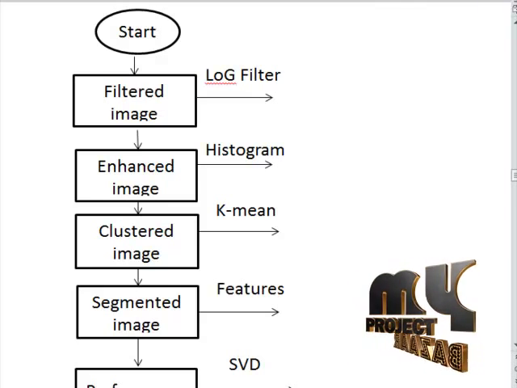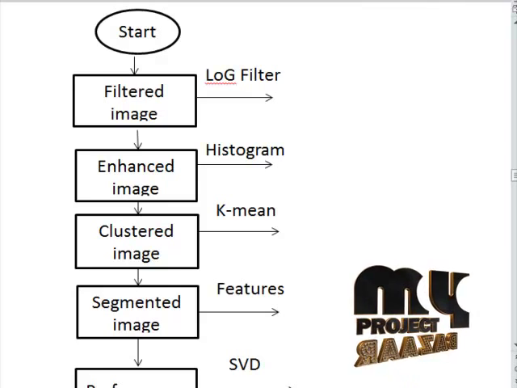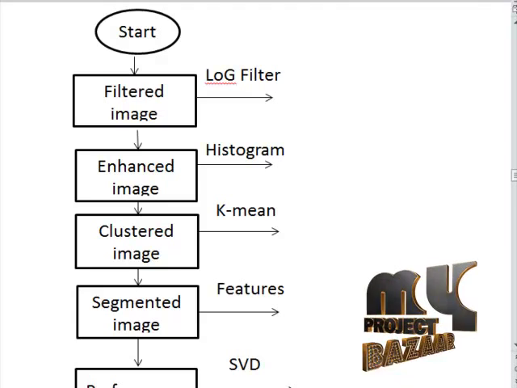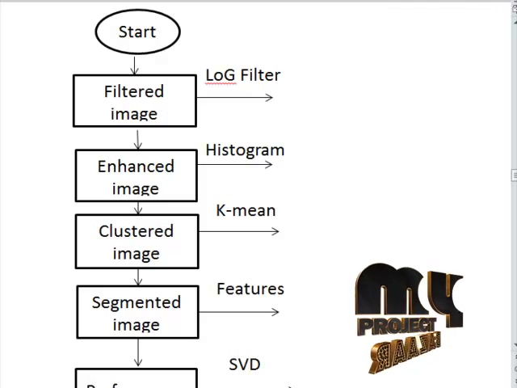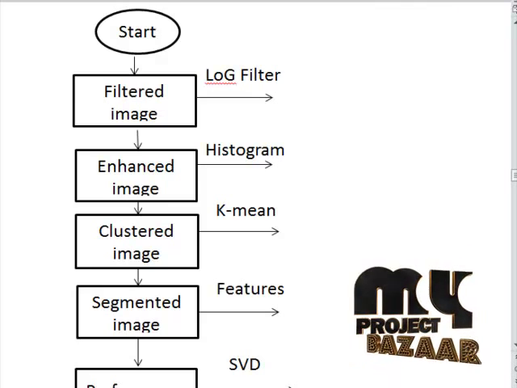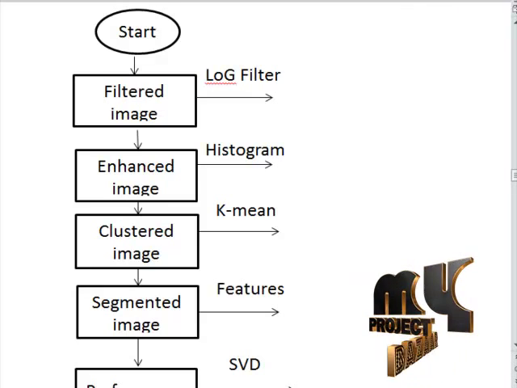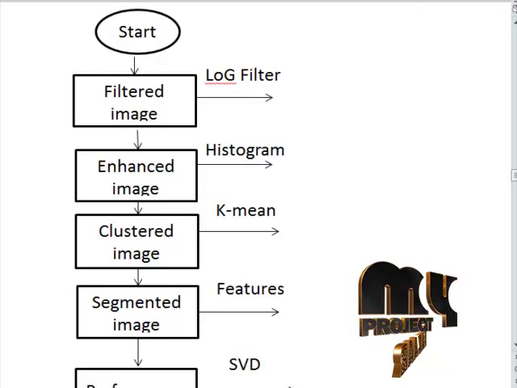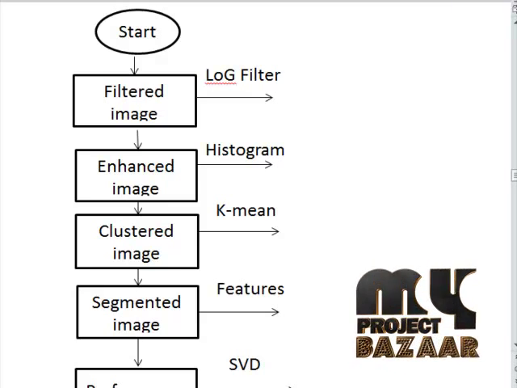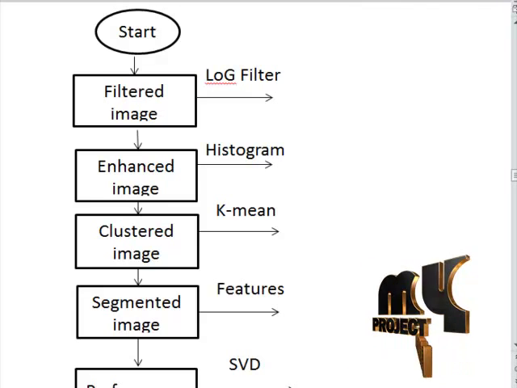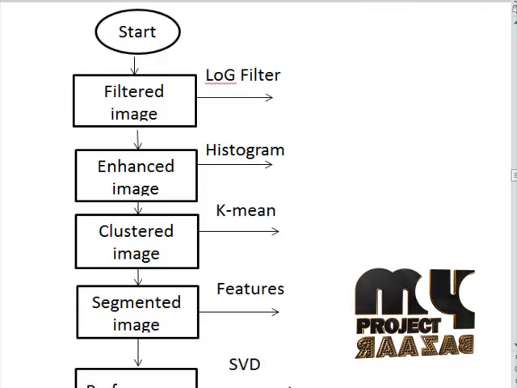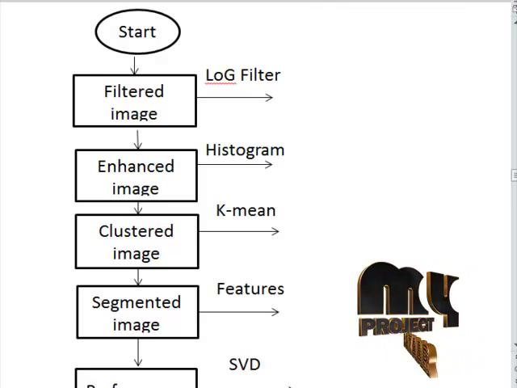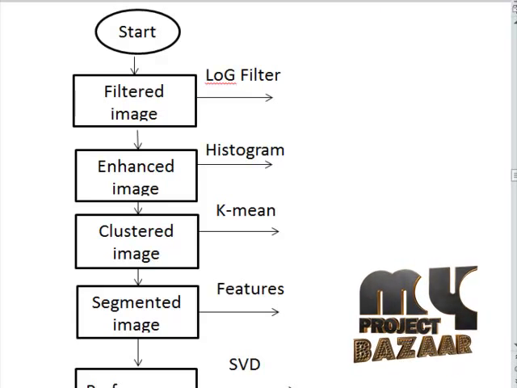The grouping is done by minimizing the sum of squares of distances between data and the corresponding cluster centroid. Then segmentation is typically used to locate objects and boundaries in images. The clustered image is then segmented based on the spectral and texture features.